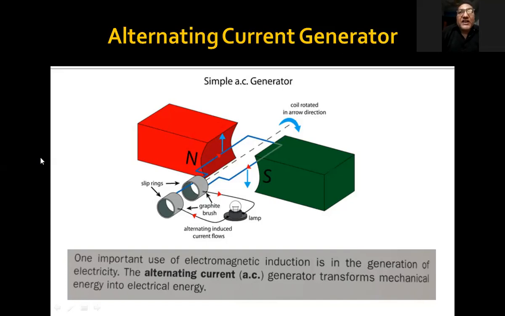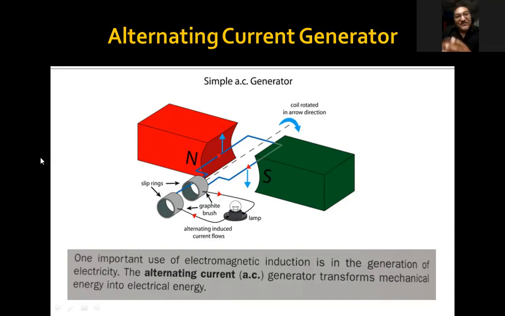It converts the electric energy into motion, into mechanical energy. And what the generator does is the opposite.